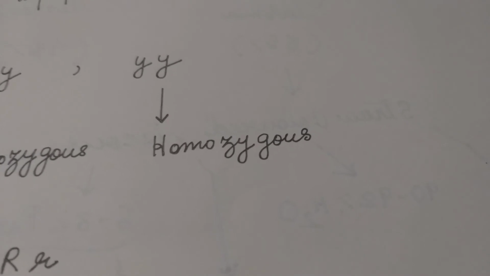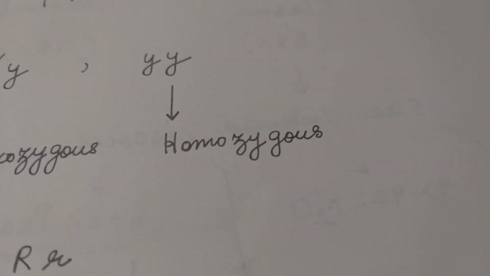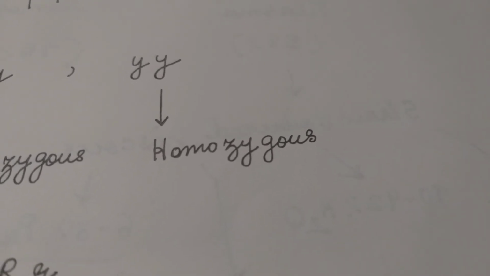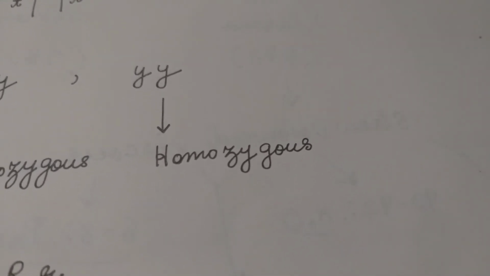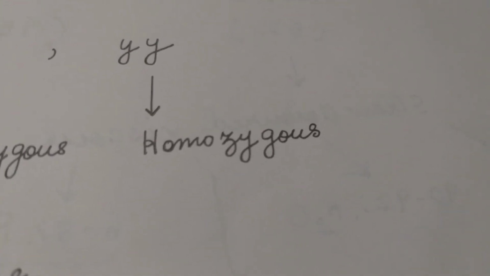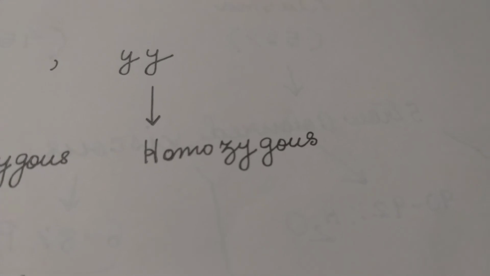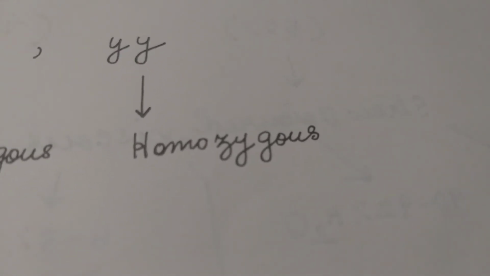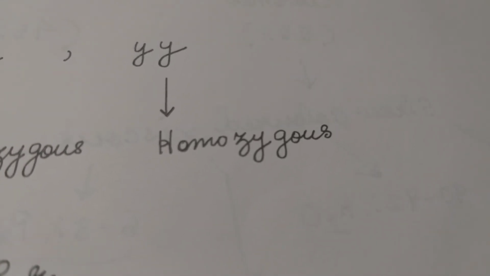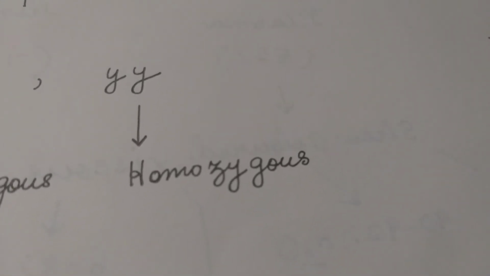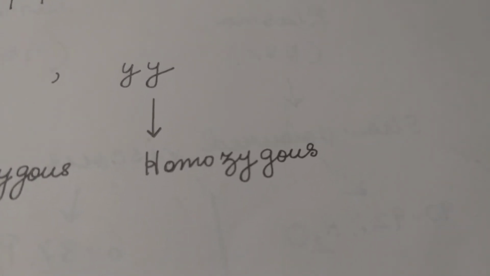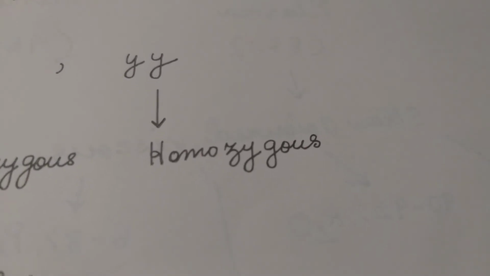There is no dominant allele, so they are expressed. This homozygous individual is expressed as green color of the seed, because we are considering the color of the seed. That is why we are representing the individual by Y. If you consider the shape of the seed, you have to take the letter R. So small y, this is a homozygous individual, and this individual has green colored seeds.